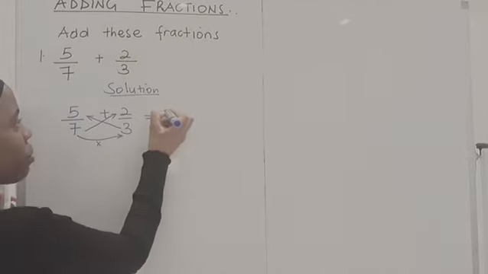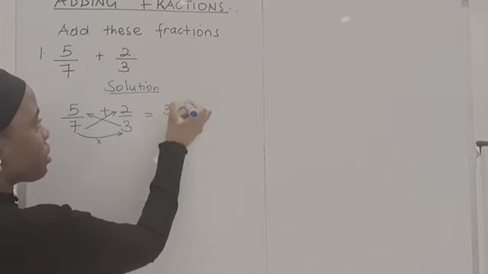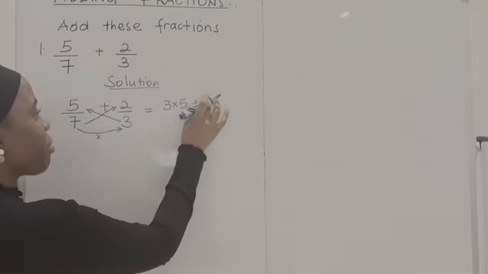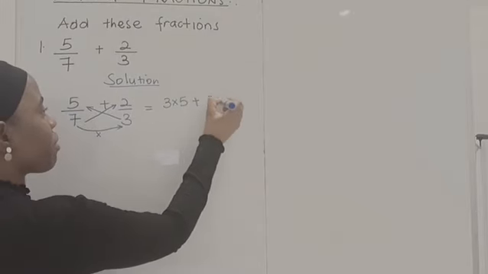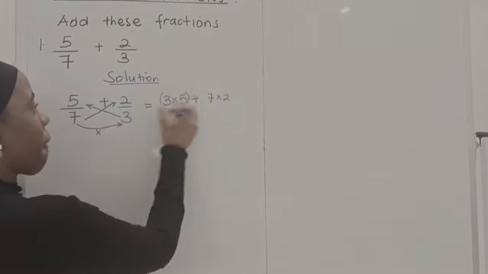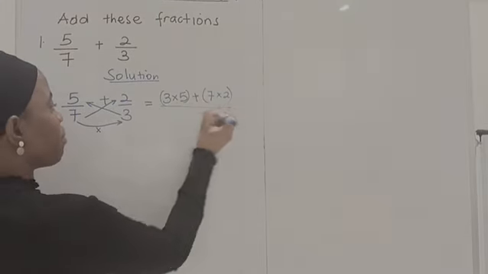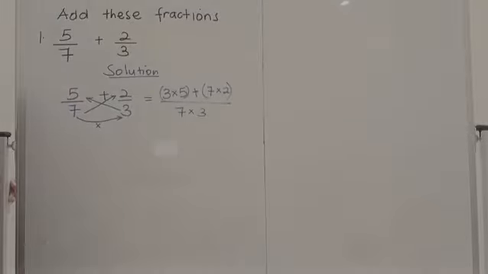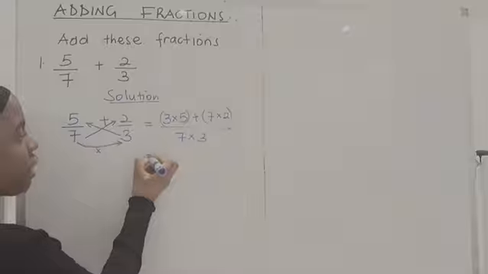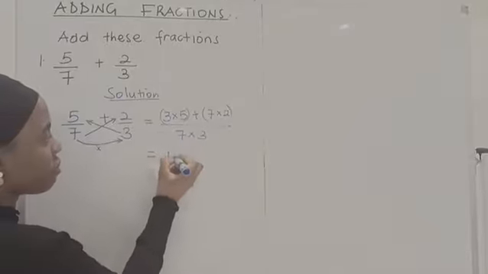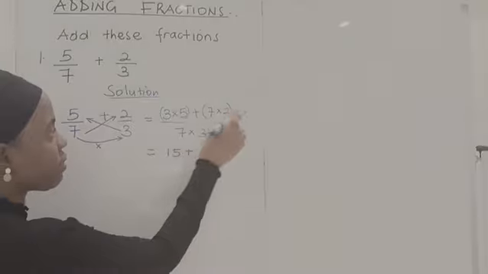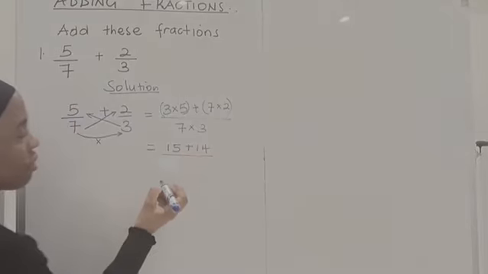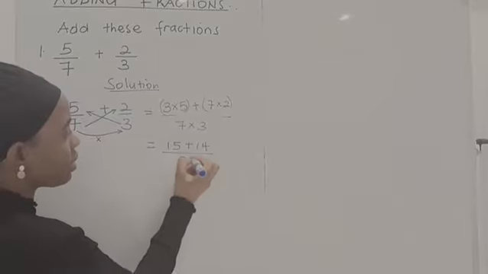So this is going to be 3 times 5 plus 7 times 2, everything divided by 7 times 3. Okay, so this is going to give us 15 plus 7 times 2, you get 14. Everything divided by 21.